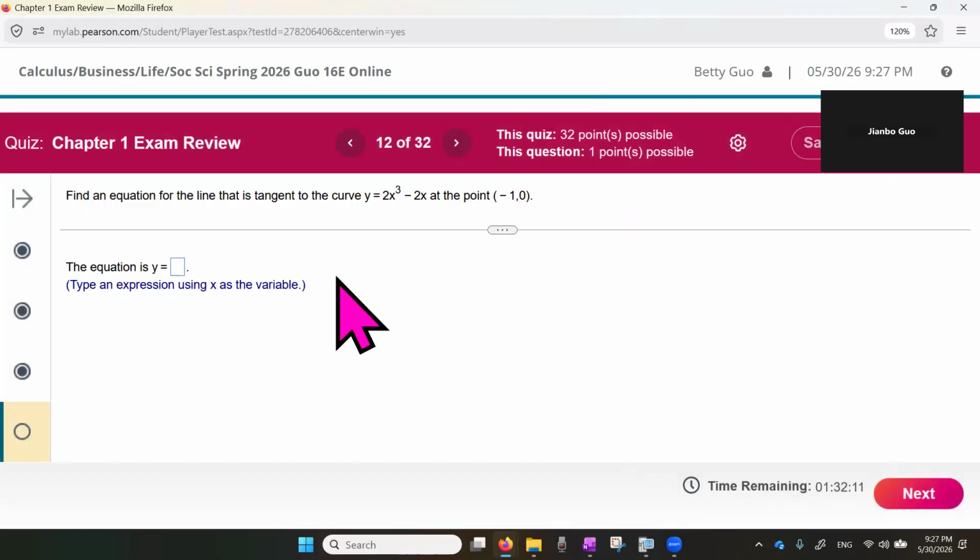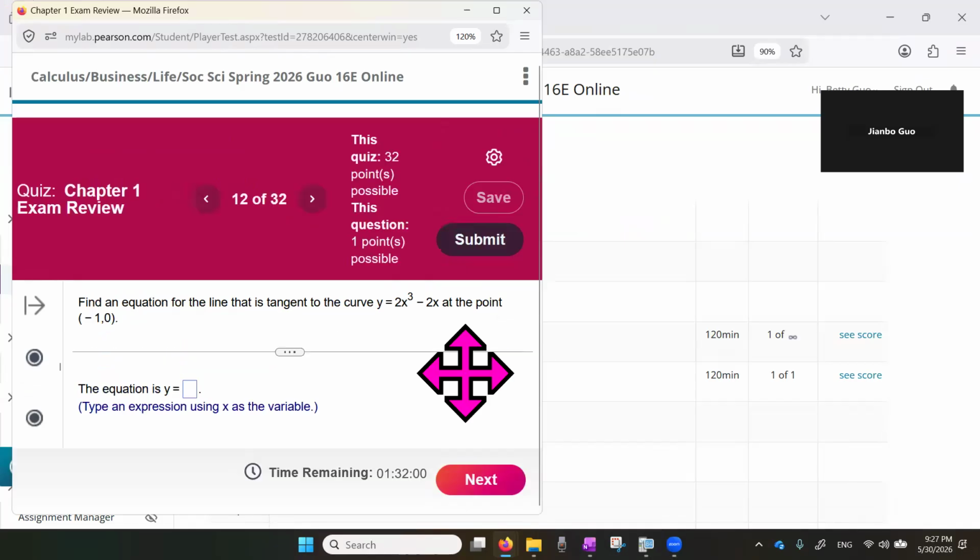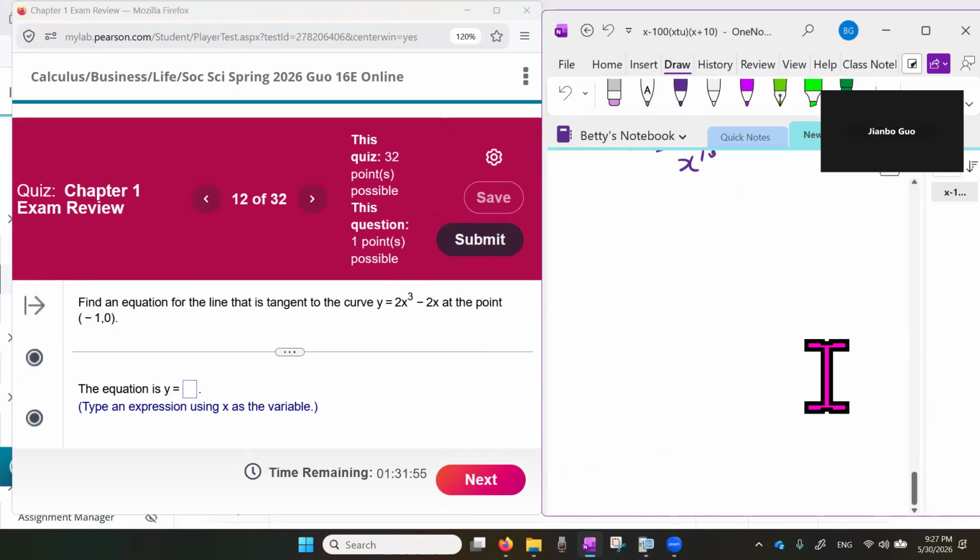Question number 12. Find an equation for the line that is tangent to the curve at the point -1, 0. All right, so this is a very classical and important type of question. The function y is 2x cubed minus 2x.